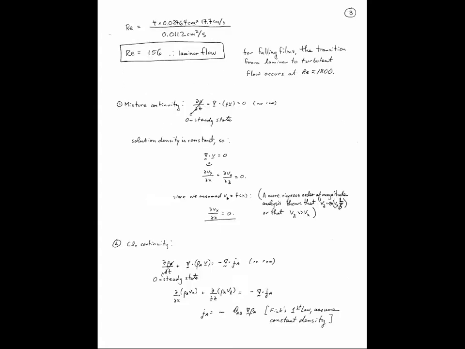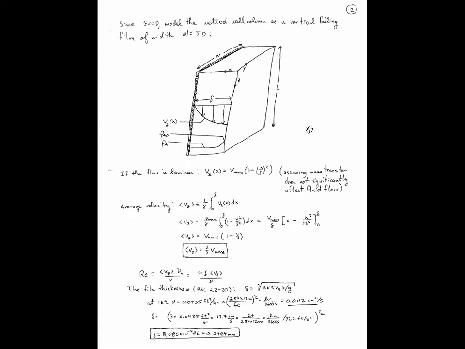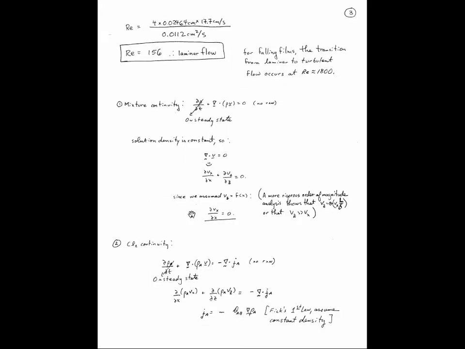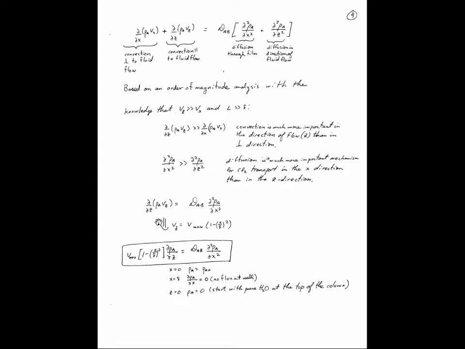In other words, chlorine diffuses from the gas phase into the film in the x direction, and then at steady state, any chlorine that diffuses into that film has to be taken away by the convective flow of water. So there has to be a balance between the mass transfer down the length of the column and the diffusion that occurs for chlorine being brought into that film.